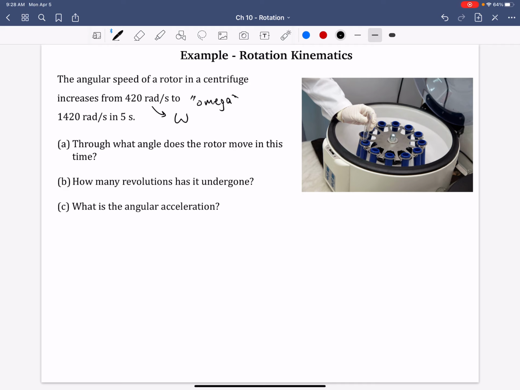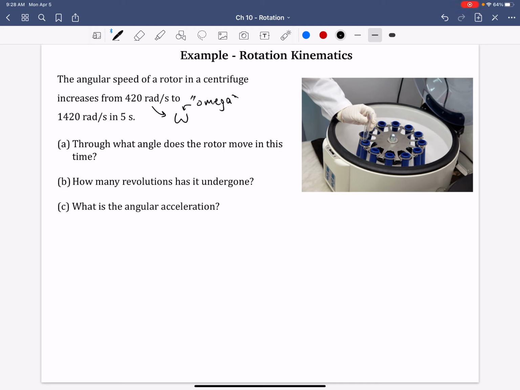This is one of the few times I get to really be nitpicky. It's not a W, it's an omega. So this stands for an angular velocity or an angular speed. I guess it's speed if it's non-vectored, and it's an angular velocity if there's a vector bar.